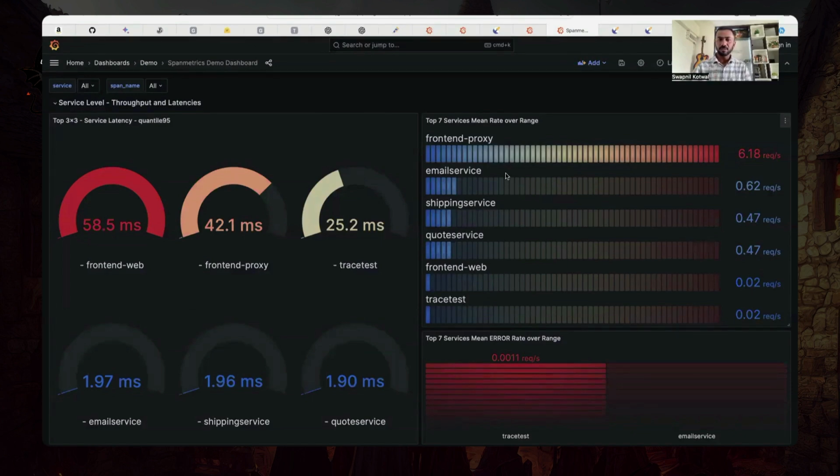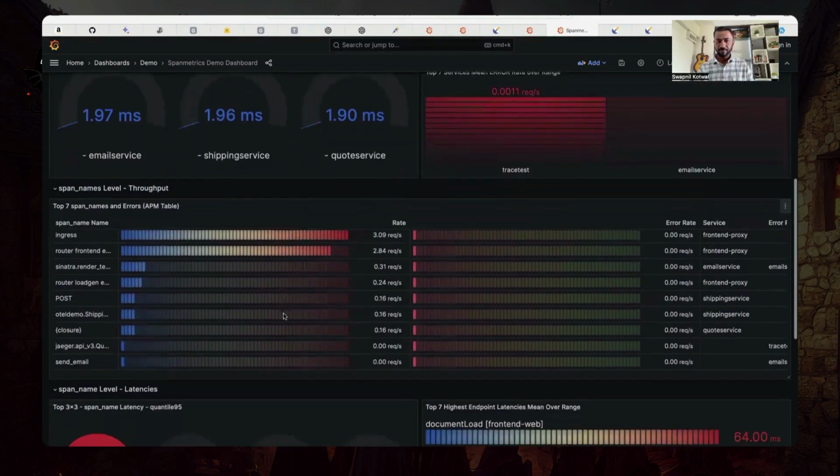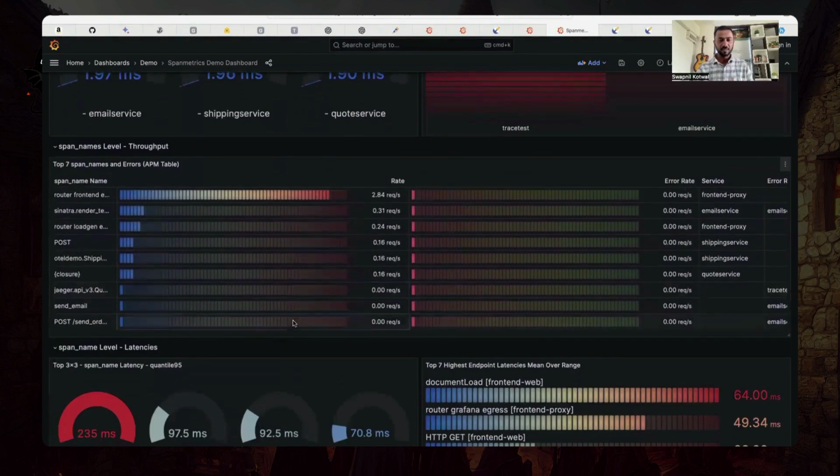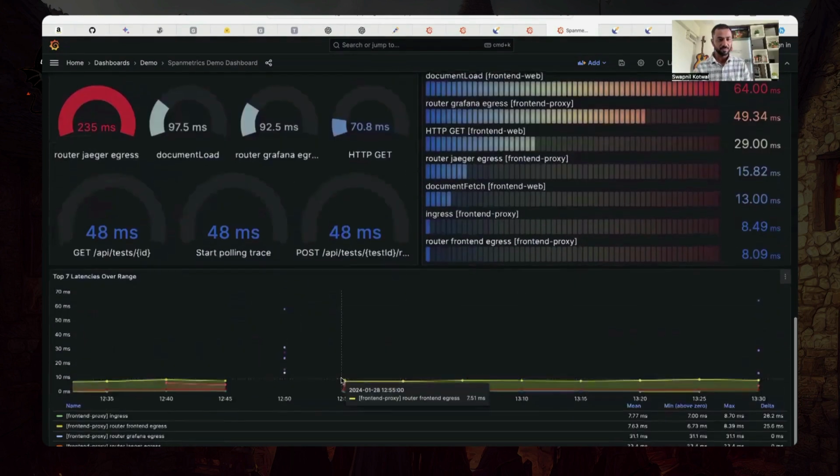These are the microservices being used, and the mean rate, how many requests per second are served by a particular service, so that we know which service is extremely busy and needs to be auto-scaled or further enhanced. The latency is also represented, as well as any error rates, and many more metrics we can try.